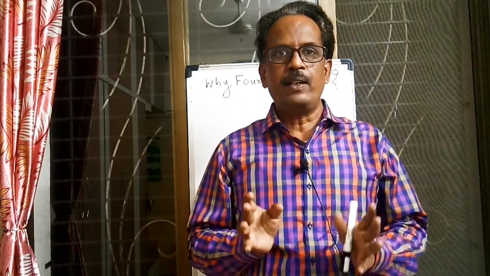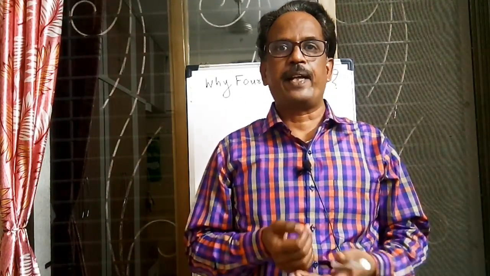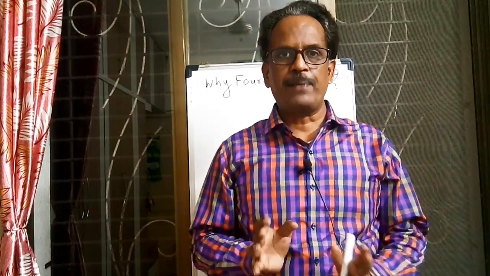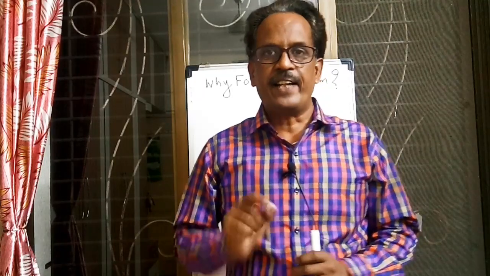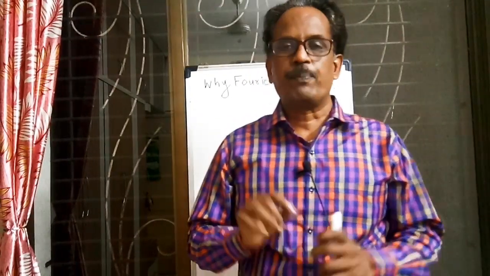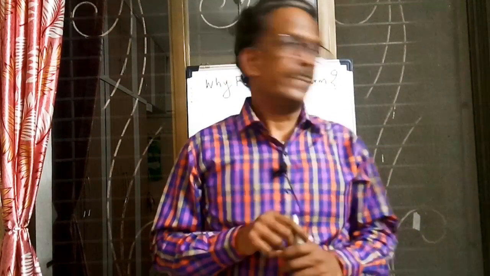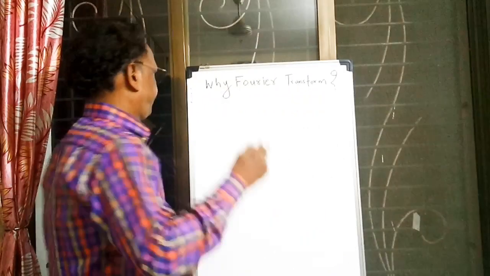Whenever there is a discrete time signal, we have the discrete time Fourier transform. For continuous time signal, we have the continuous time Fourier transform. Let us define the Fourier transform of a discrete time signal.